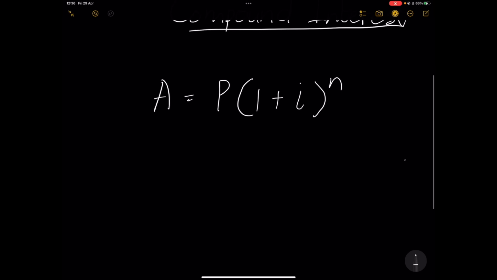Right. Now, first of all, when we look at A, that would simply mean the accumulated amount. Once again, accumulated. Ooh, that word.